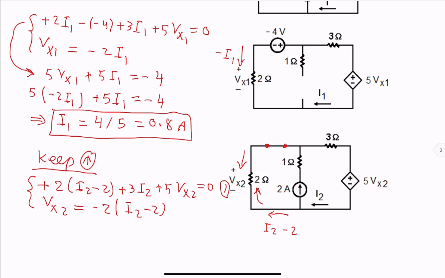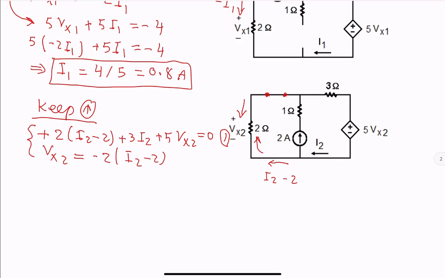Substitute that in the previous equation. So we substitute for Vx here. We have 2 times I2 minus 2 plus 3I2 plus 5 times negative 2 times I2 minus 2 equal to 0.